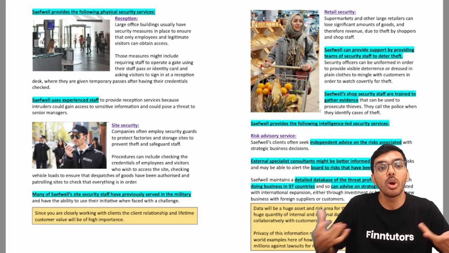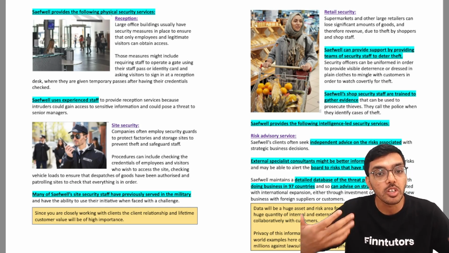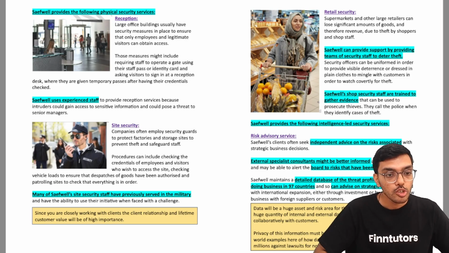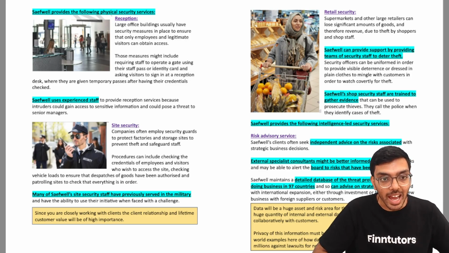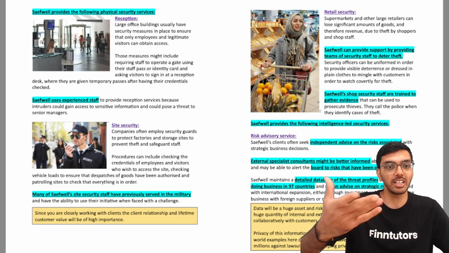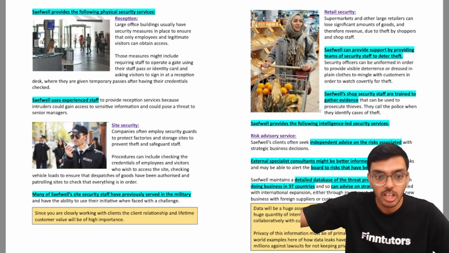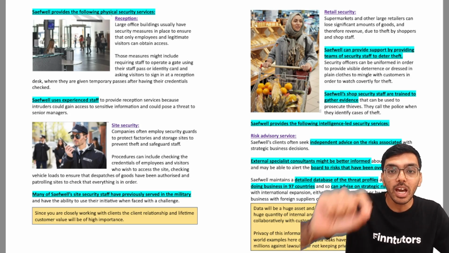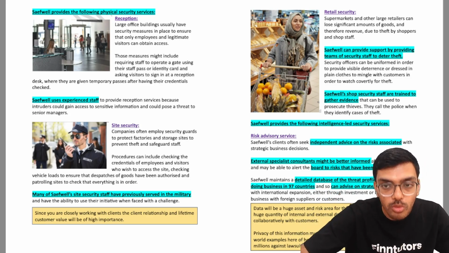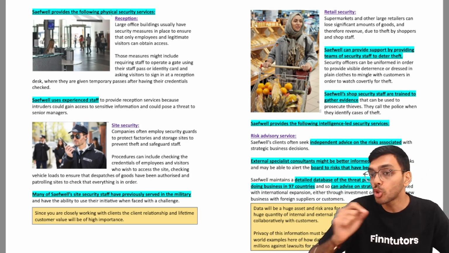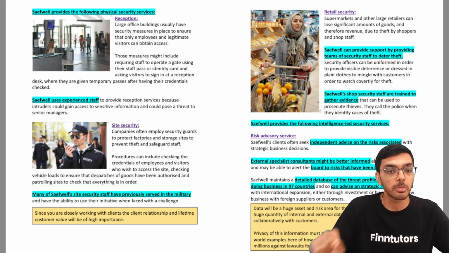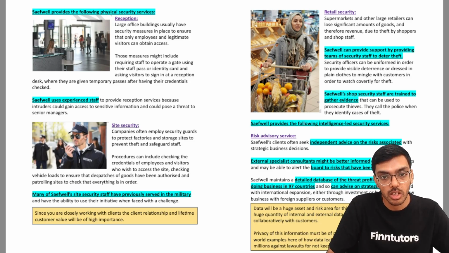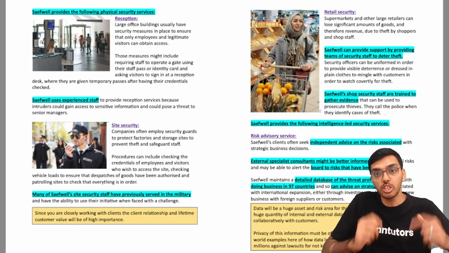That is why maybe you have been able to grow, because your service is unique. Since you are closely working with clients, providing this service to clients, your relationship with the clients and the lifetime customer value will be of high importance. You don't want to lose the customer. This is a very, very important thing to understand in this industry. If a client wants site security, you give it to them.